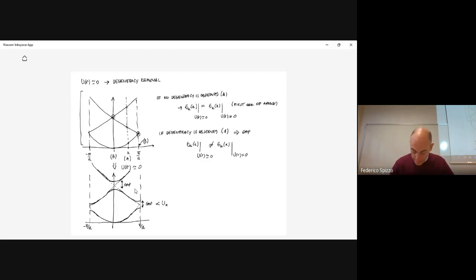And the physical motivation behind the fact that here you have nearly no deformation with respect to the free electron picture, but when you are here, you have a strong modification with respect to the free electron picture, is due just to this point.